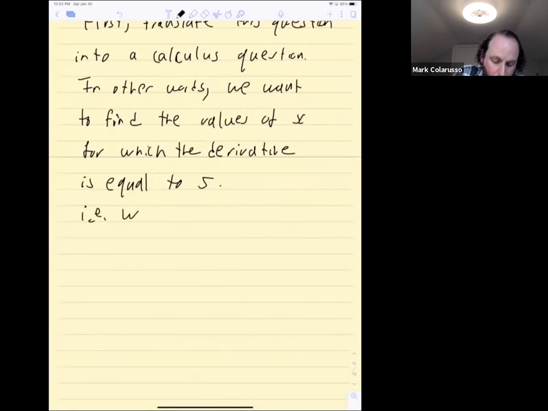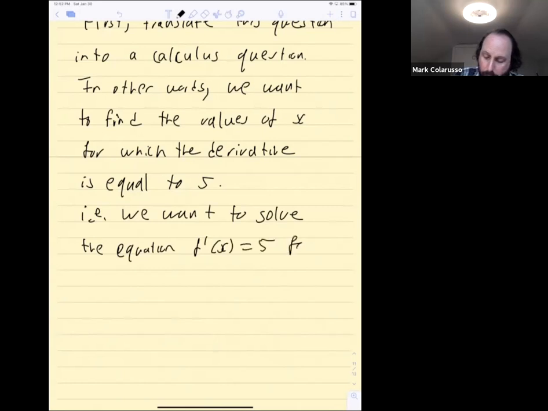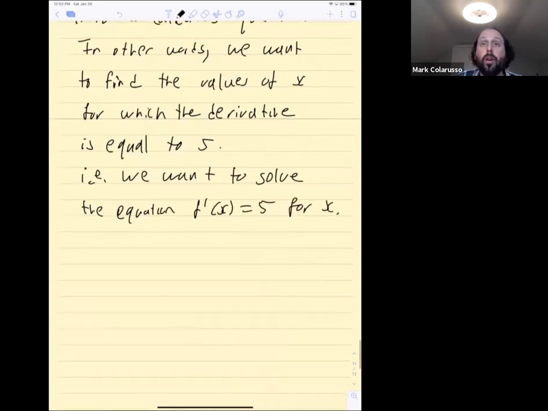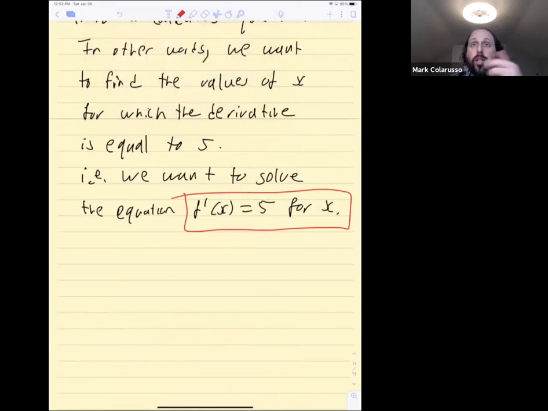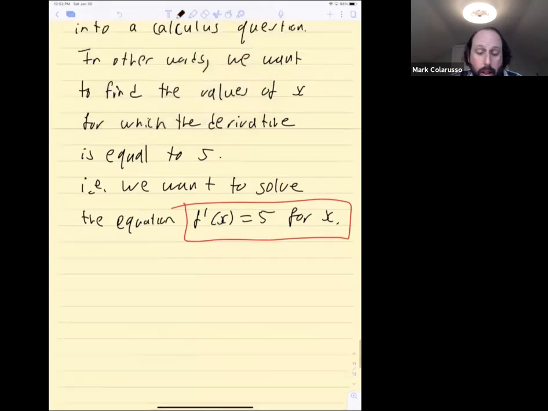I.e., we want to solve the equation f prime at x equals 5 for x. Now we've translated this geometric question into an equation, or a problem that we should be able to solve, knowing the techniques that we know at this point. And that's what a lot of math is: translating something you want to find into a problem you know how to solve. And that's not always easy.